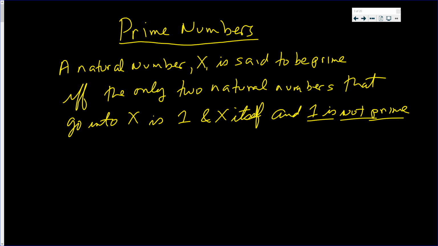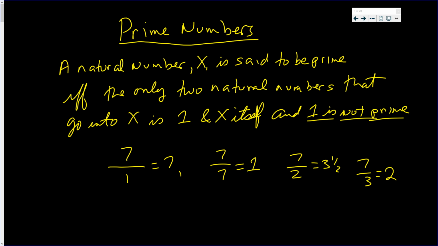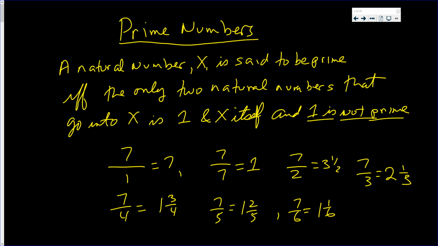So for example, 7 is prime because 1 goes into 7, 7 evenly goes into 7, but nothing else does. 2 doesn't go into 7, it's 3.5. 3 doesn't go into 7 evenly, it's 2 and a third. 4 doesn't go into 7 evenly, it's 1 3/4. 5 doesn't go in evenly, it's 1 2/5. 6 doesn't go in evenly, it's 1 and 1/6.